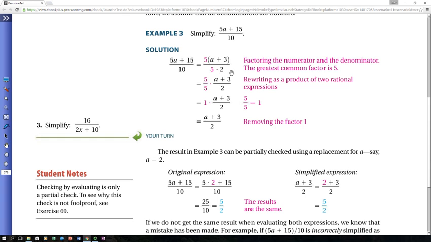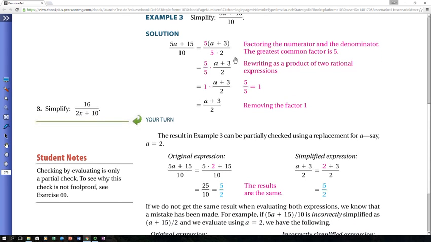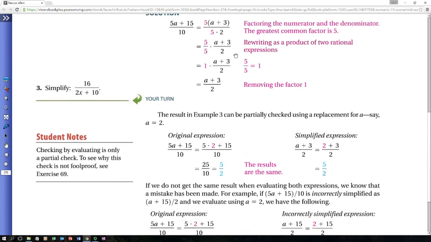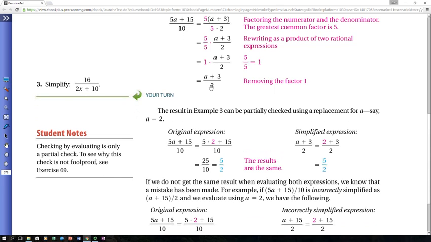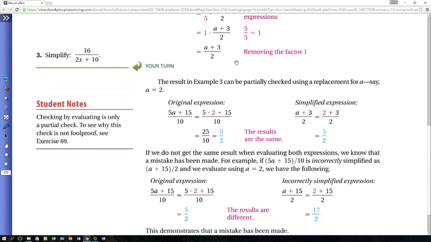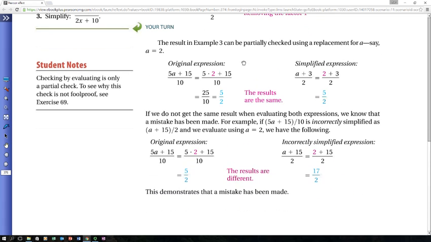But I think if you prime factor all the time, you'll make sure you don't miss any ones I can create as fractions to simplify this original. Okay, so this simplified is a plus 3 all over 2, and then they go back and take the original, and the results are the same.